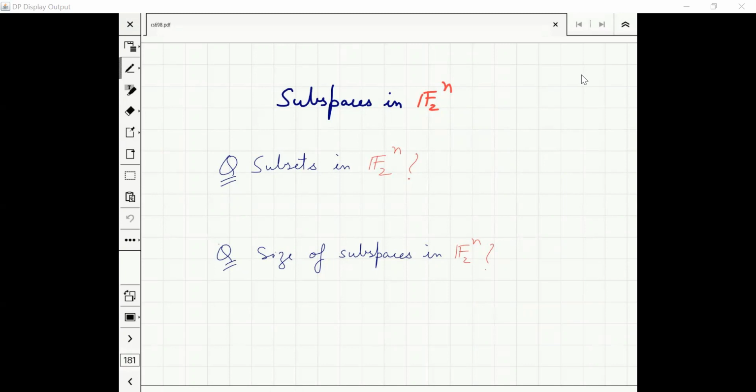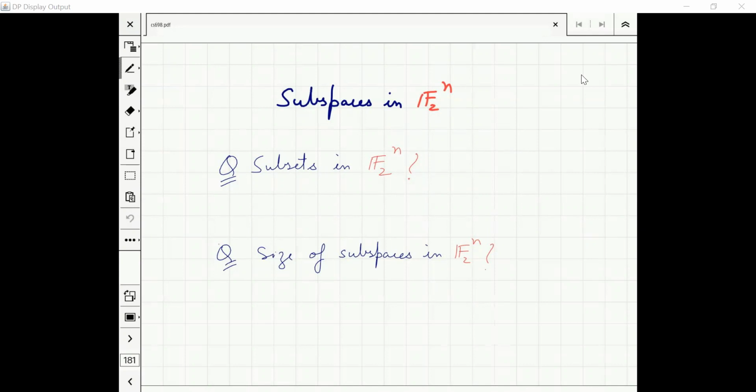No. Why? If it does not have the identity. Okay, so if I take every subset which has the identity 0, 0, 0, 0, is that a subspace? No, it has to satisfy the axioms of a vector space. Can you give me an example of a subset which is not a subspace?